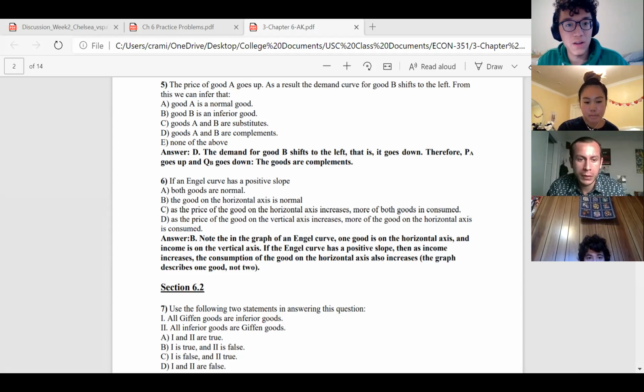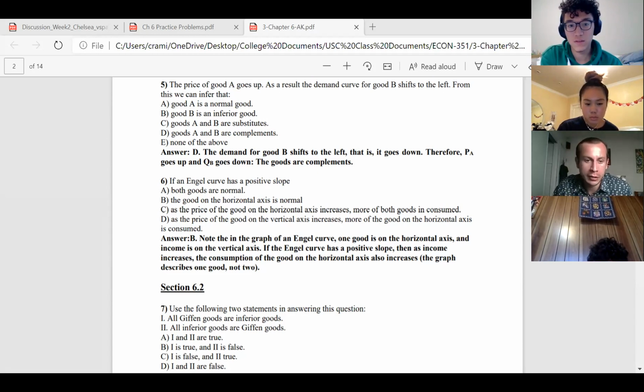And the Engel curve is only in relation to one good, correct? Yeah. So that means C and D would be automatically wrong, or anything that has two goods, all the other answer choices. Those are different curves. Okay.